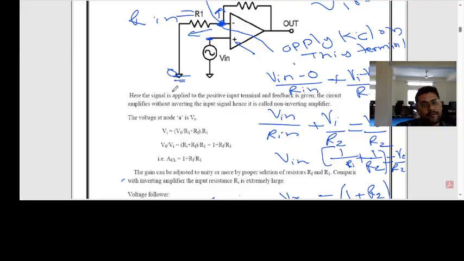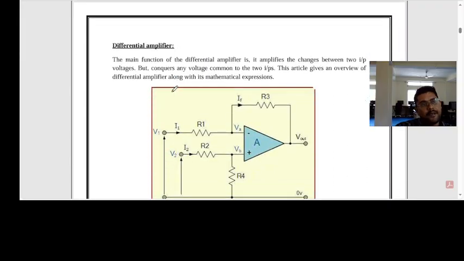In the differential amplifier, the inputs are applied at both the inverting and non-inverting terminals. In our previous discussion we applied only one input and the other terminal was grounded. Here we can apply two inputs to different terminals of the differential amplifier.